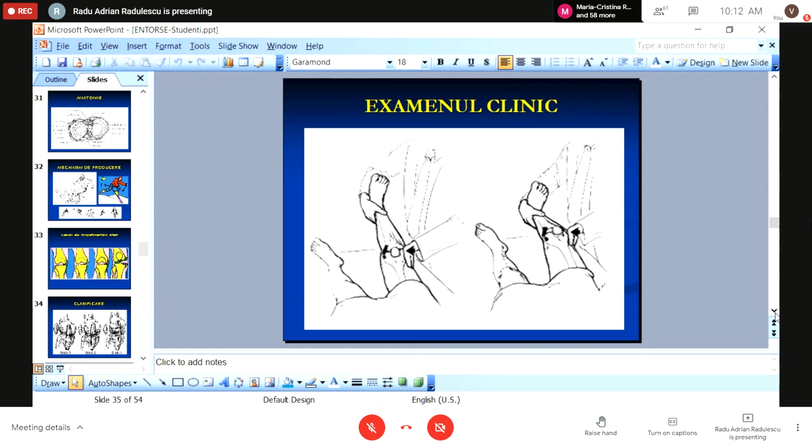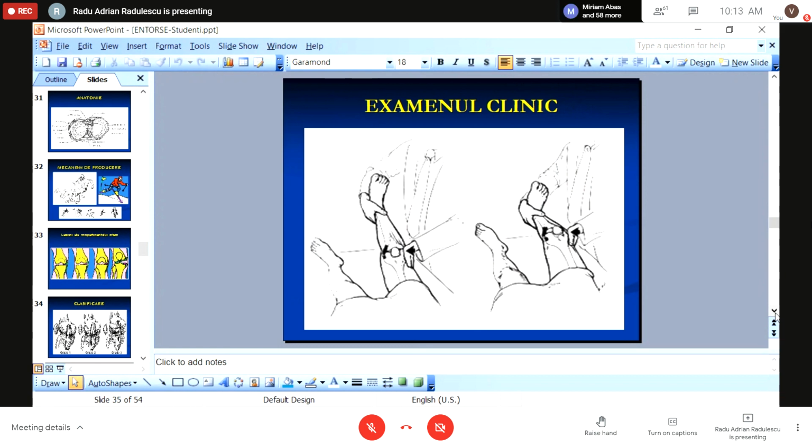Exactly like in the ankle, the diagnosis will be done mainly by physical examination. First of all, the symptoms will be the same as in the ankle. Pain at the level of the knee, usually on one aspect of the knee, medial or lateral, depending on the side that was damaged during the trauma.